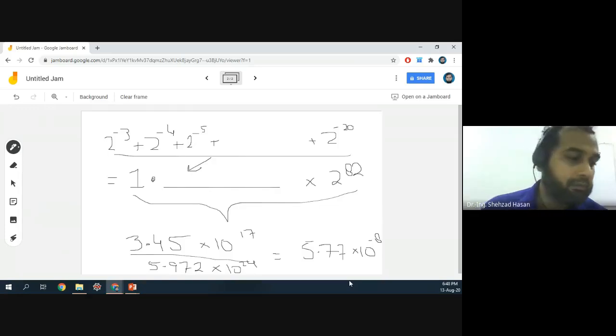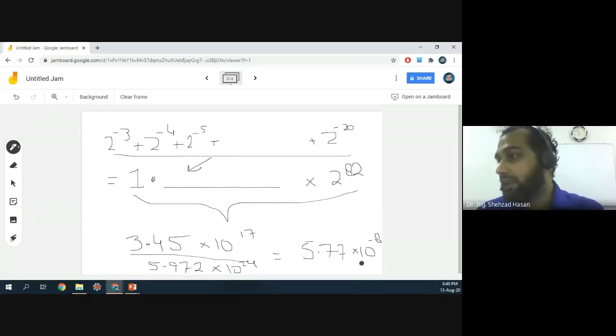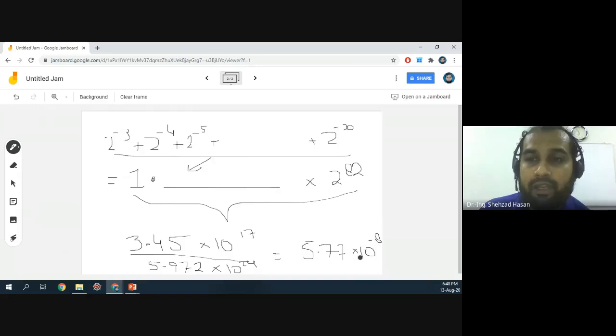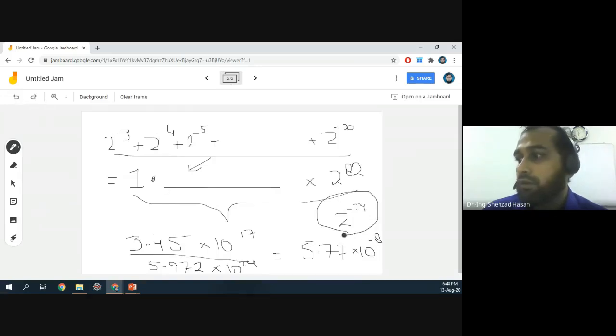10 to the power minus 8, right? And if you convert this 10 to the power minus 8 into its binary form, you're going to see that this order is around 2 raised to the power minus 24, right? Of the order of 2 raised to the power minus 24, which is our main task here, that we have to reduce the error up to unit of least precision divided by 2.